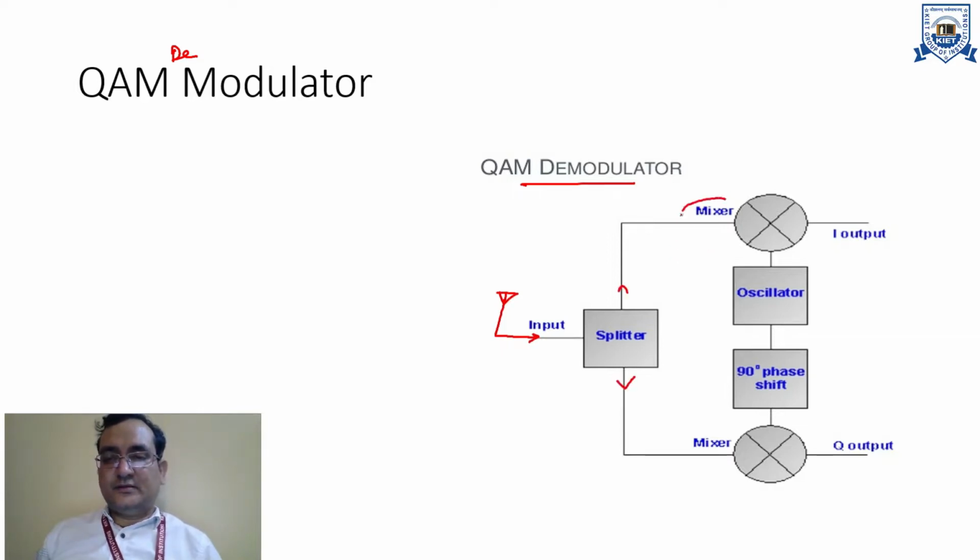After that a mixer is used, which is nothing but the product modulator, which was also used in BASK. An oscillator generates the same signal, cos of 2 pi fct, and the 90-degree phase shift means sin of 2 pi fct, right? So this is the in-phase component, and you can also demodulate the quadrature output.